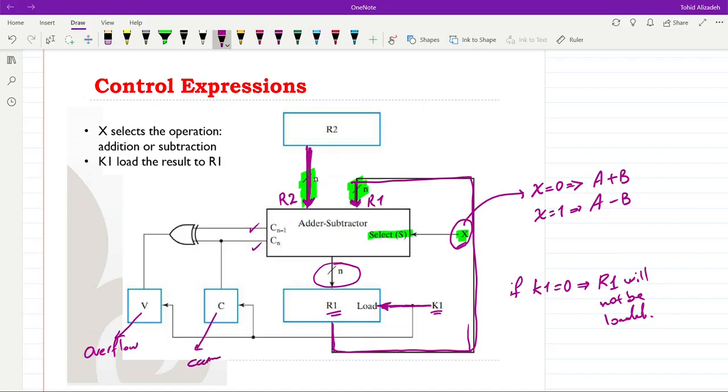But even for those, since we need only a single bit, a single flip-flop would be used for V and for C. At the same time, the K1 input that we have as one of the control inputs is connected to the enable input of those flip-flops. So only when K1 is equal to 1, the value for the C output and for the V output flip-flops will be loaded and updated. Otherwise, they will keep the last value that they had.